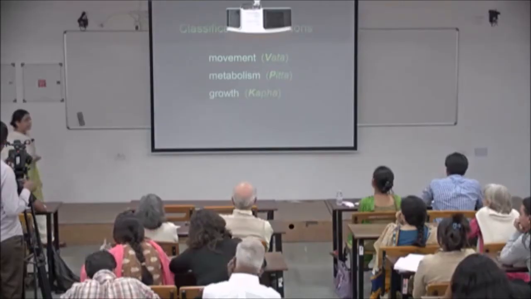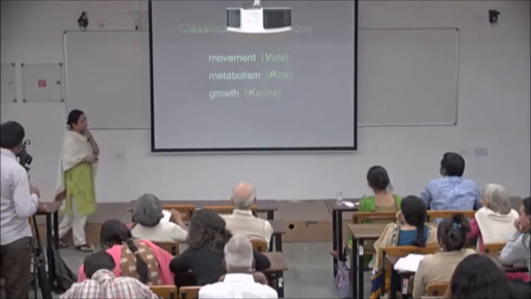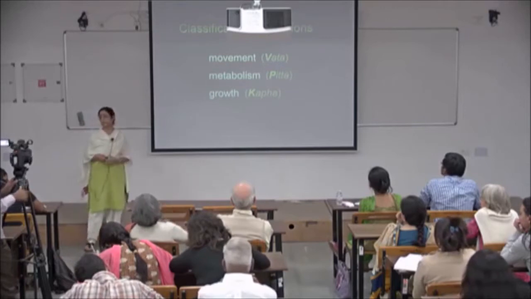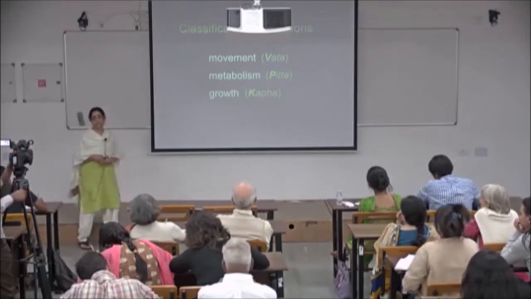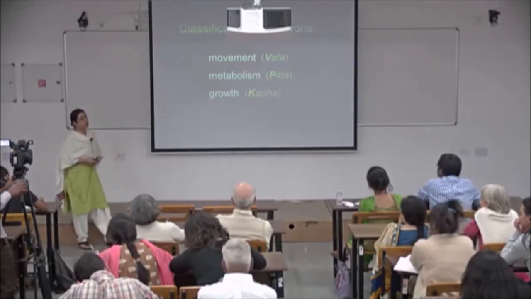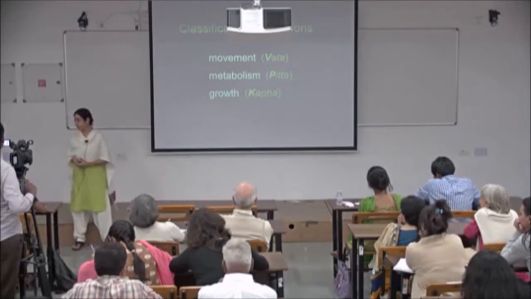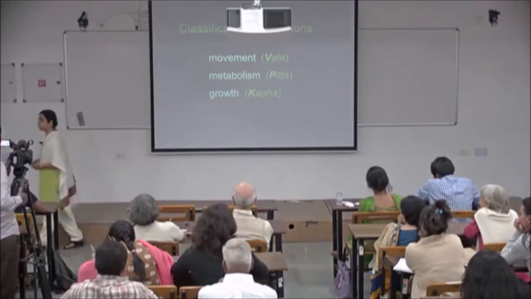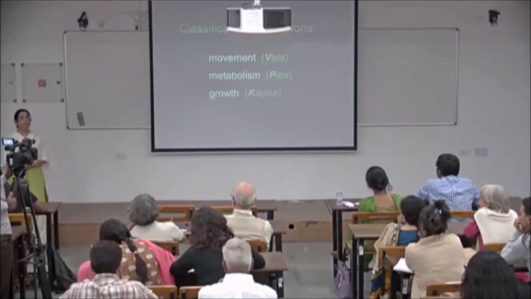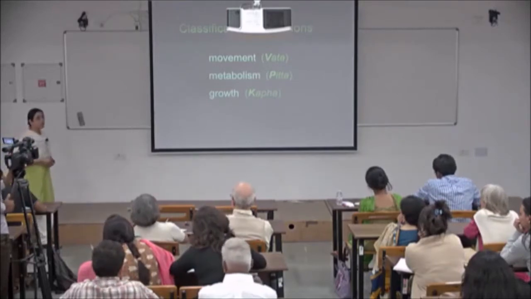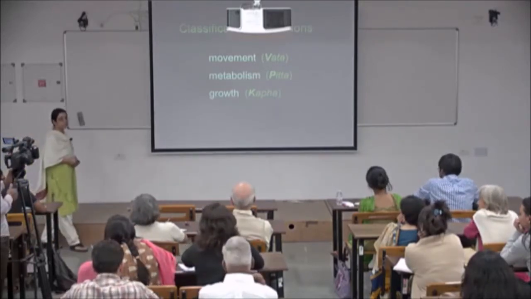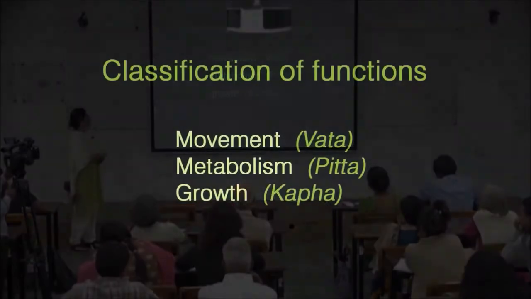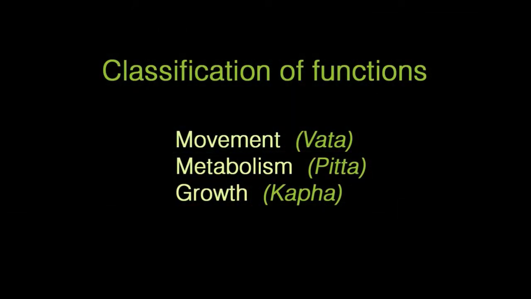So as I said, when we are dealing with a complex system, we need to have some classification. We have seen how modern medicine has classified and categorized the human system. They have classified it based on structures. Now Ayurveda has also done a classification. It has identified three major functions in the body: movement, metabolism, and then growth.